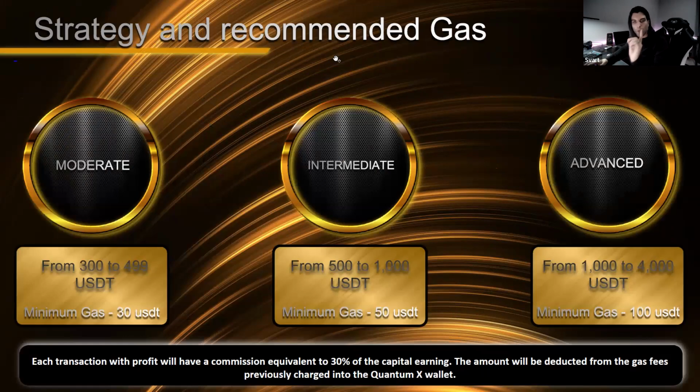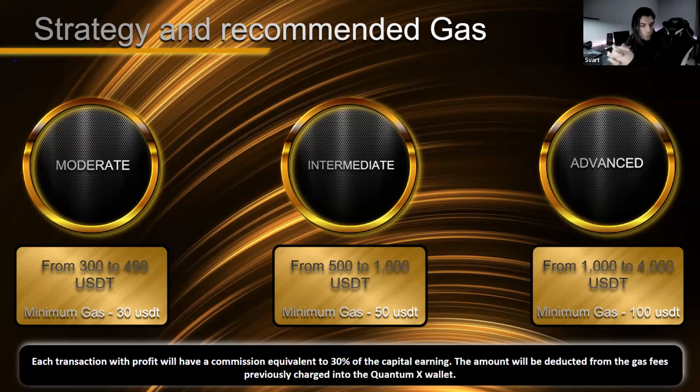For the strategy and recommended gas, for the trading we have three different strategies based on our funds, and we can choose the amount of tradable funds. And as you can see, we have a suggested minimal gas recharge. So if we choose, for example, the advanced strategy, the minimum gas suggested is $100 on tradable funds from $1,000 to $4,000.